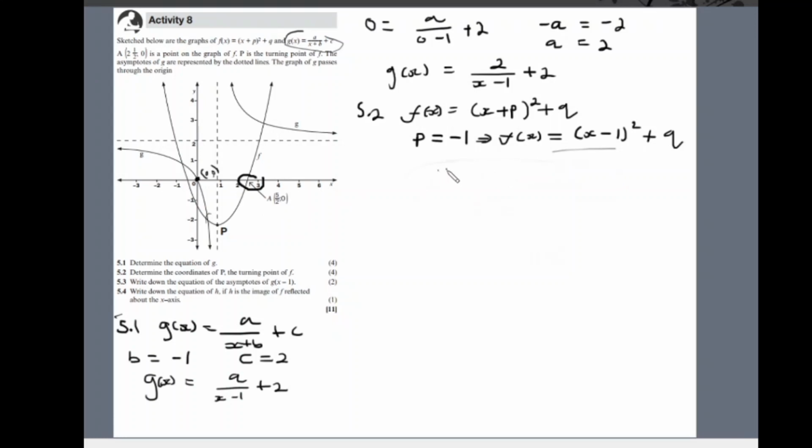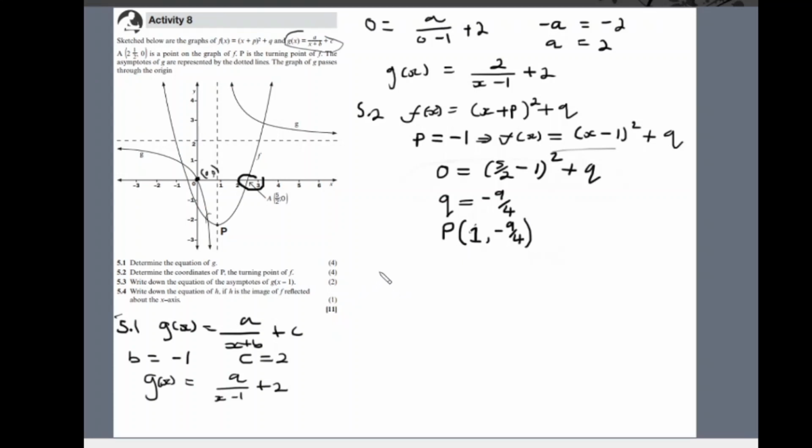So we will have 0 equals 5/2 minus 1 squared plus q, right? And then solving for q, you will see that q is equal to -9/4. So now the coordinates of P will be 1, minus 9/4.